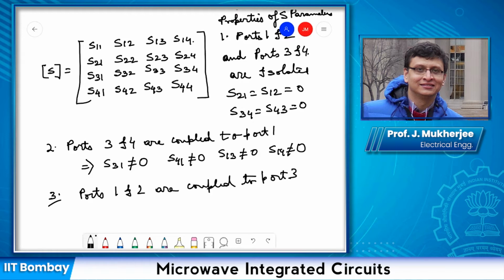So this again means that S31 not equal to 0, S32 not equal to 0, S13 not equal to 0, and S23 not equal to 0.